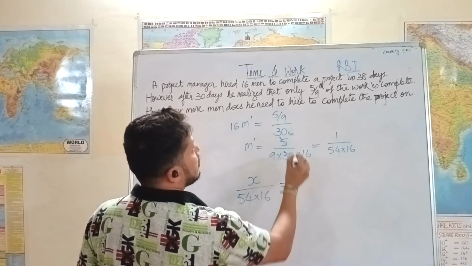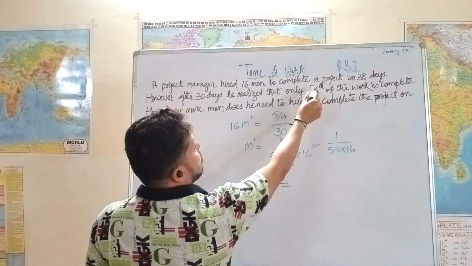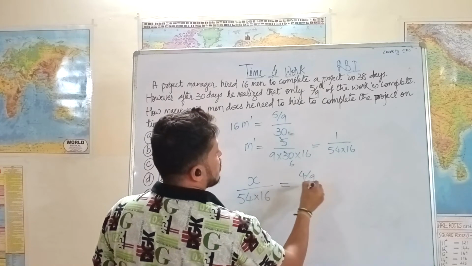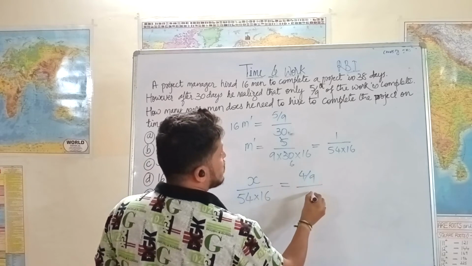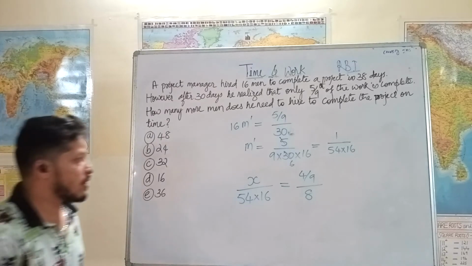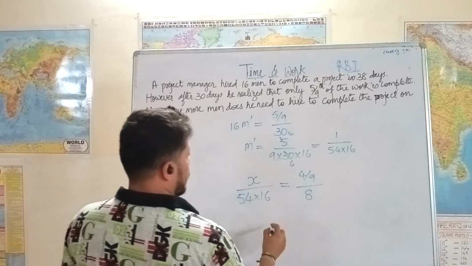Out of 9, 5 is complete, so the remaining is 4 by 9. He has to complete this in how much time? Only 8 days left. Correct? Okay. Now let's simplify.